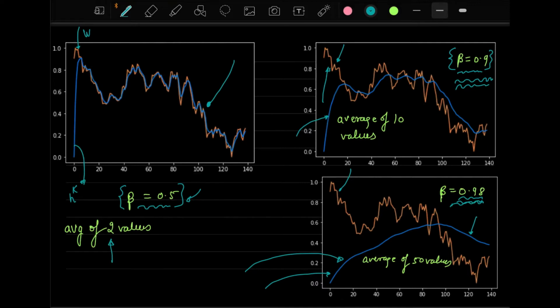And when you take beta as 0.9, you are averaging 10 samples from the past. And when your beta is 0.98, you are taking 50 samples from the past to do the averaging. So it's basically 1 upon 1 minus beta samples that you take from the past for a selective value of beta.